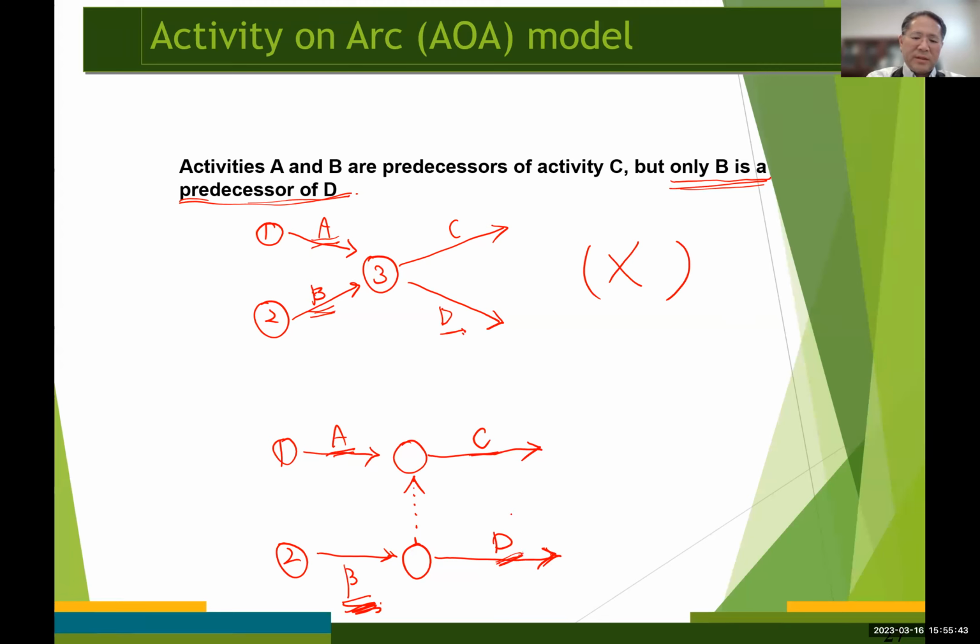That makes sense? So I can label 3, 4, maybe 5 and 6, something like this, okay? So that's going to be the correct network diagram. Does that make sense?